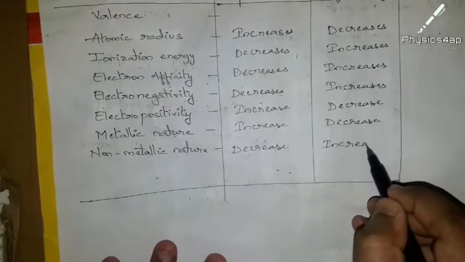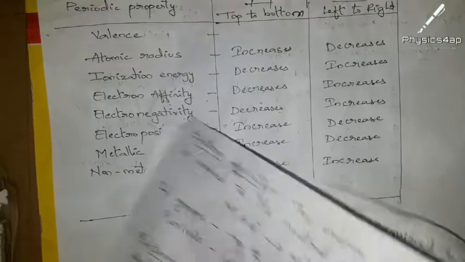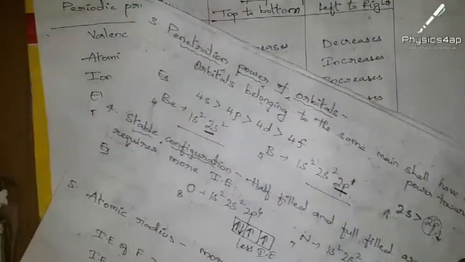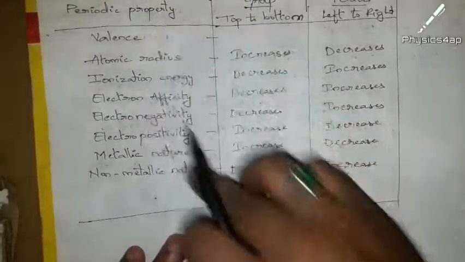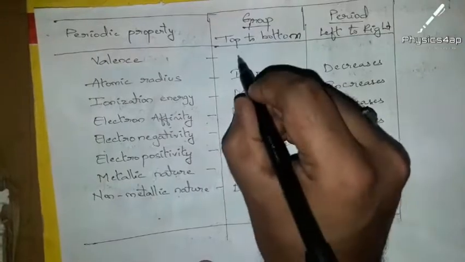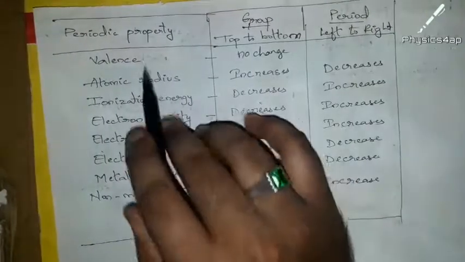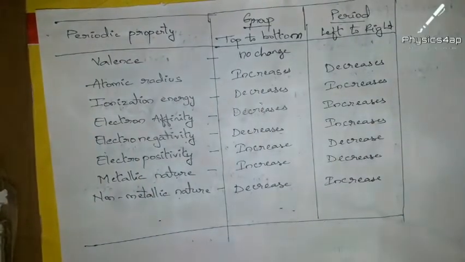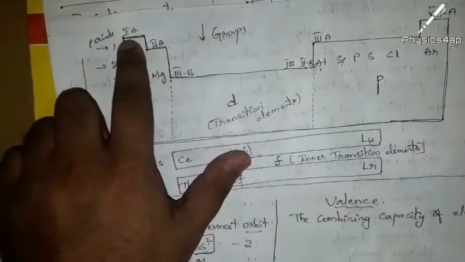And coming to the valency, from top to bottom the valency has no change. Why? Because from top to bottom the valency will be plus 1. For example, in the periodic table, hydrogen plus 1, lithium plus 1, sodium plus 1, potassium plus 1, rubidium plus 1, francium plus 1, cesium plus 1, all these have the same valency, so there is no change.